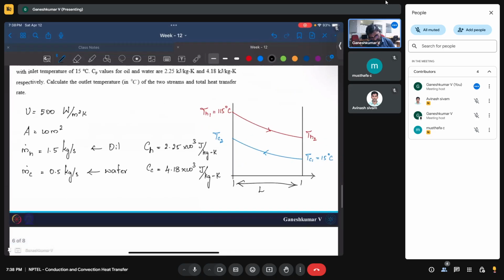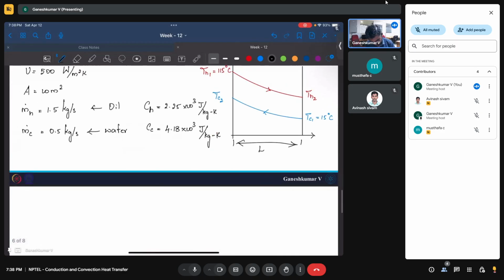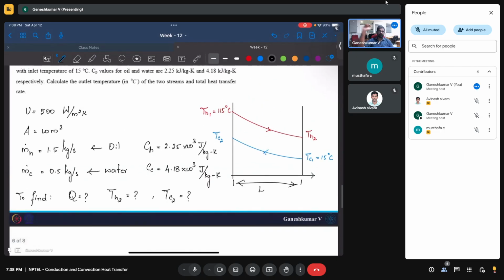Now we are supposed to find Q. What is Q? What is TH2? And what is TC2? All these things we need to find. We know we have to use the epsilon NTU method, but where do we start?